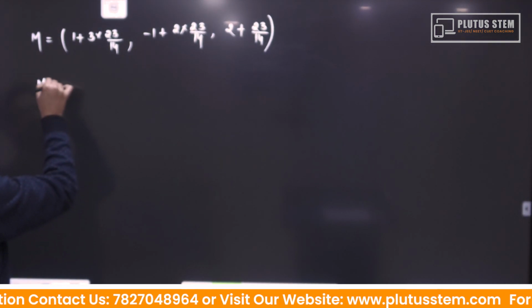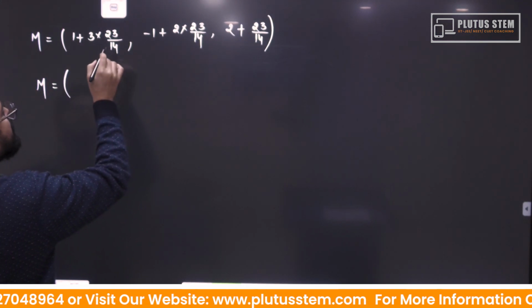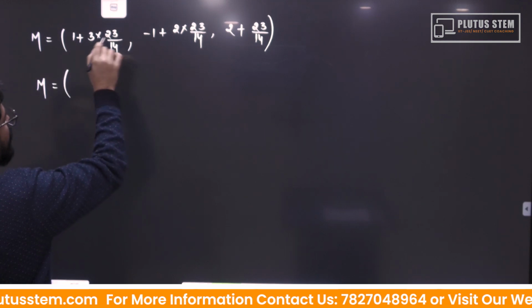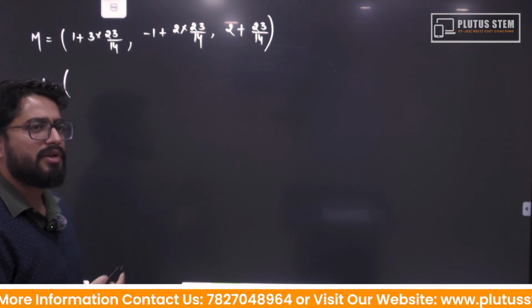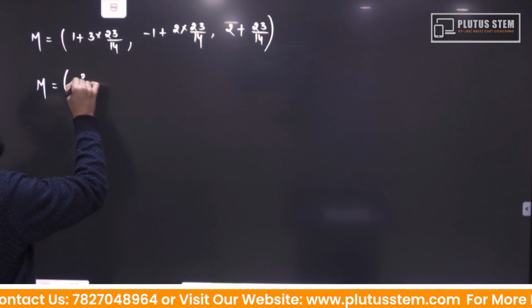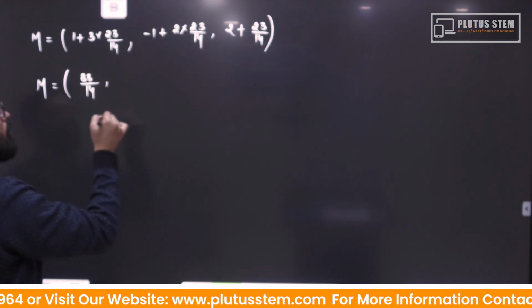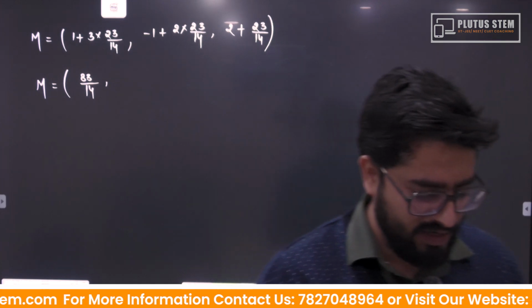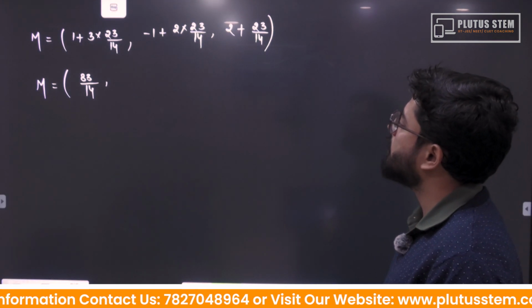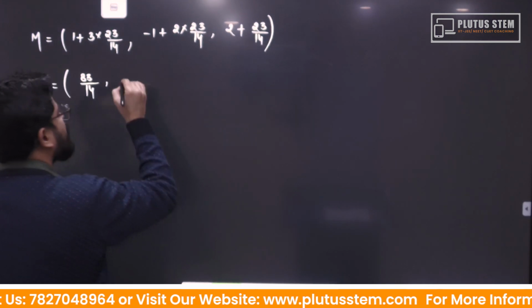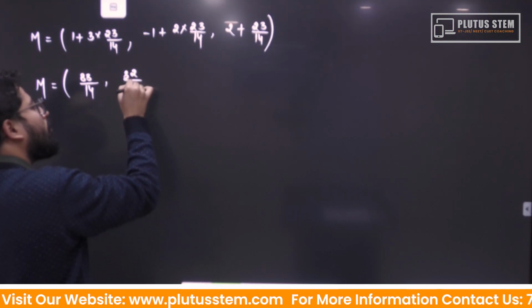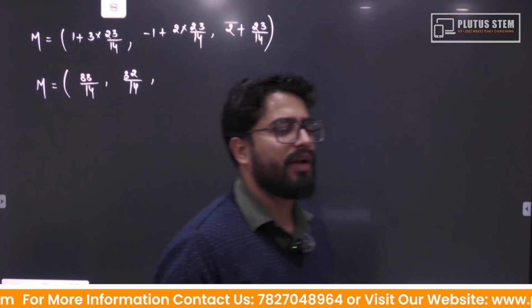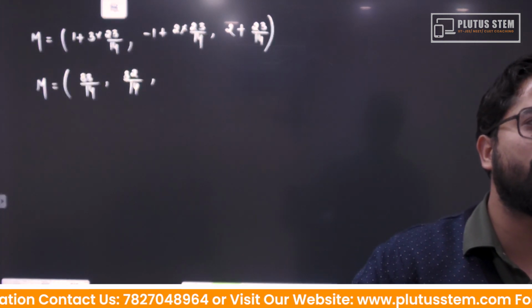So the coordinates of M are: 69 plus 14 is 83, 46 minus 14 is 32, and 28 plus 23 is 51.